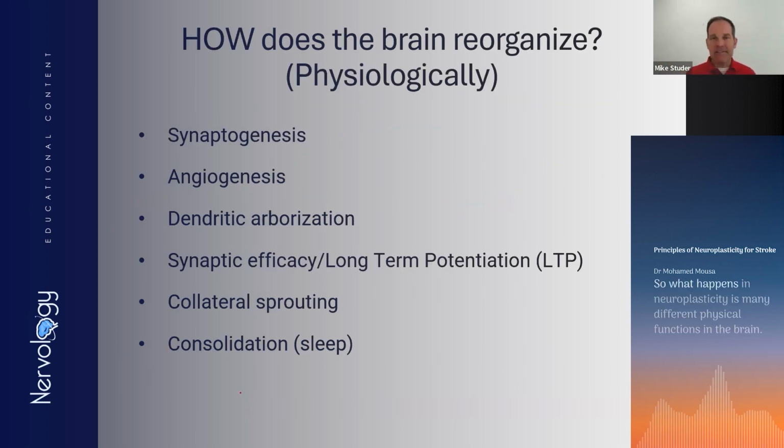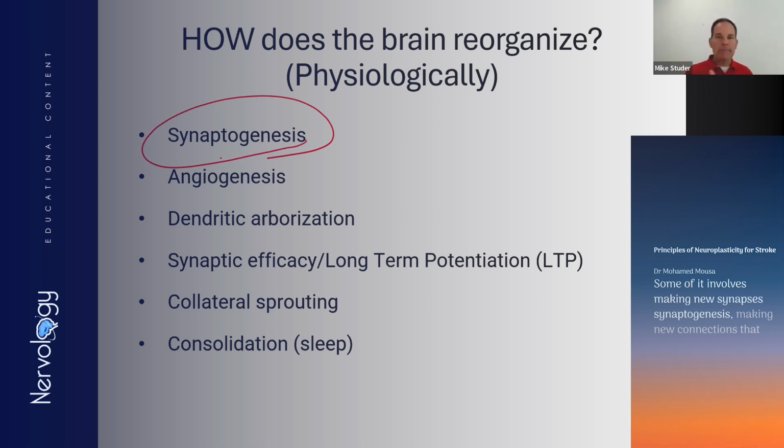So, what happens in neuroplasticity is many different physical functions in the brain, chemical, physical, and psychological structures, are going to actually undergo change. Some of it involves making new synapses, synaptogenesis, making new connections that weren't there before the stroke.